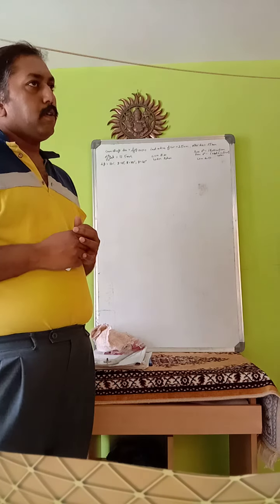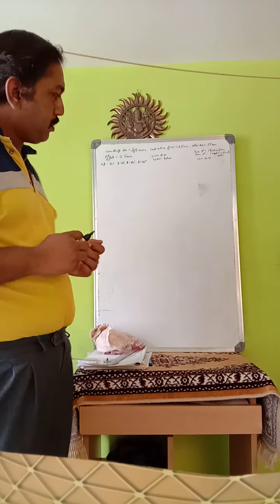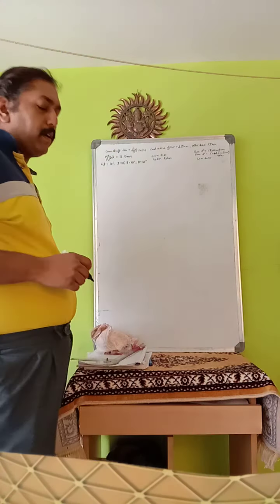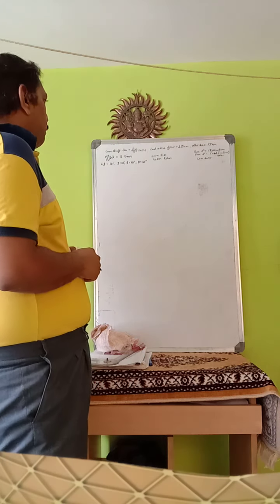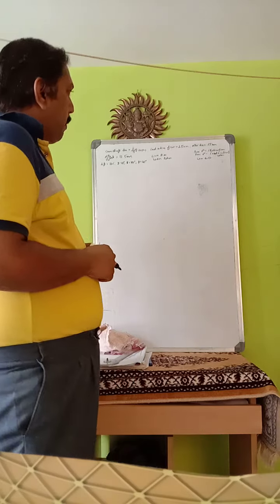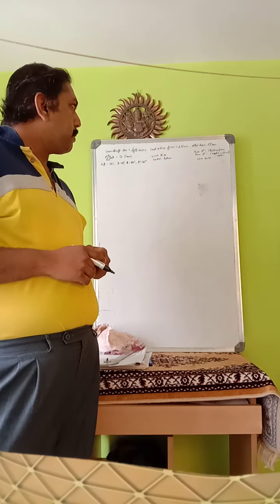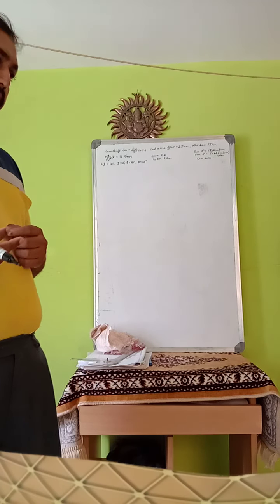For the cam profile to be drawn, we need to have the center first. So let O be the center, any arbitrary point. With O as center, our first step is to draw the base circle. What will be the base circle? The base circle will be the least radius of the cam.